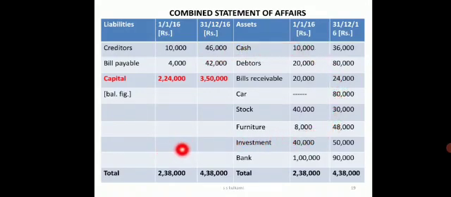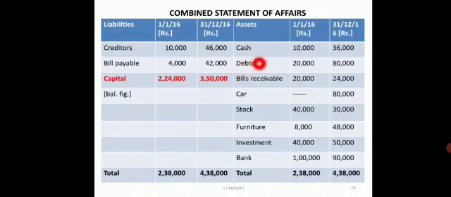Now take the total of the asset side. In a statement of affairs, the asset side total is always more than the liabilities. So my total of assets minus the given liabilities, the difference will be my capital. Opening capital is 2,24,000 and closing is 3,50,000.